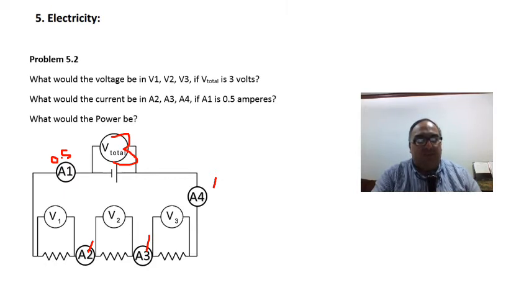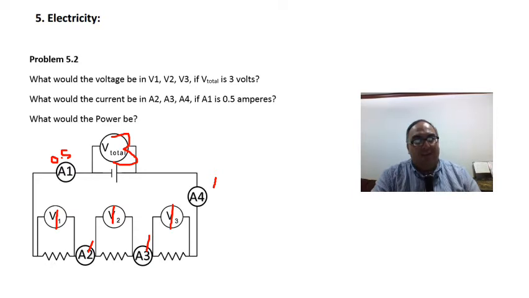So we said that the voltage, remember the Christmas series, we have a very low voltage because we have many resistances. So in series, we divide the voltage among the components. So we have 1 volt here, 1 volt here, and another volt here.